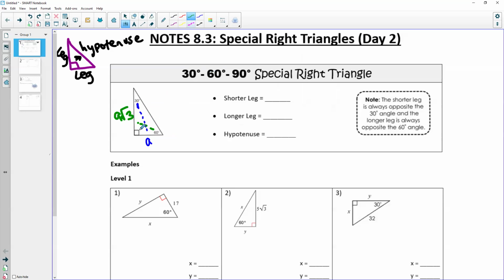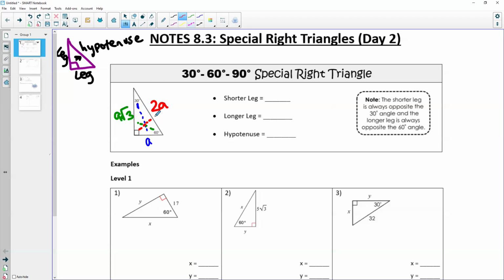And then your hypotenuse, which is across the 90, is going to be your side represented by 2A. Okay. So I'm just putting the little dotted lines there to get you to realize that whenever I'm looking at the side length across the 30 degrees here in blue, it's going to be labeled as A. Across the 60 degrees is A square root of 3. And across the 90 degrees, the hypotenuse is 2A.